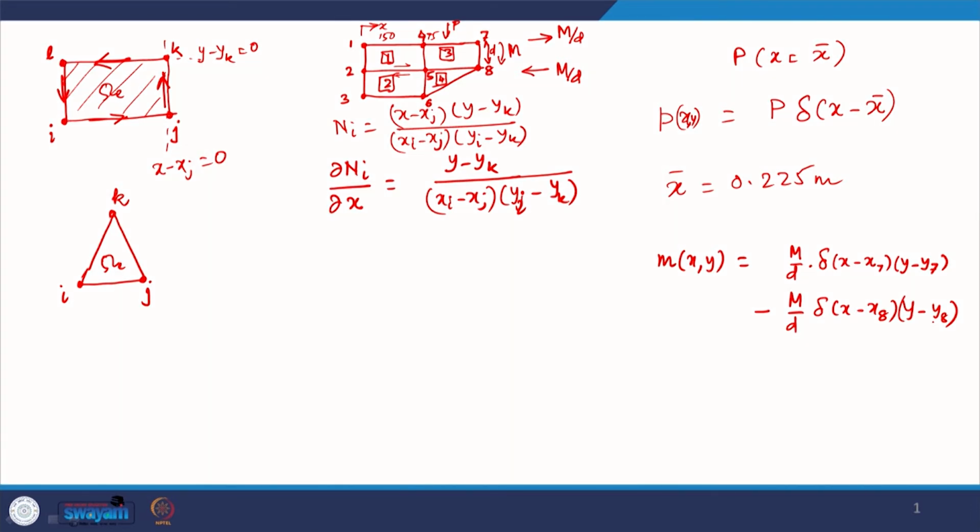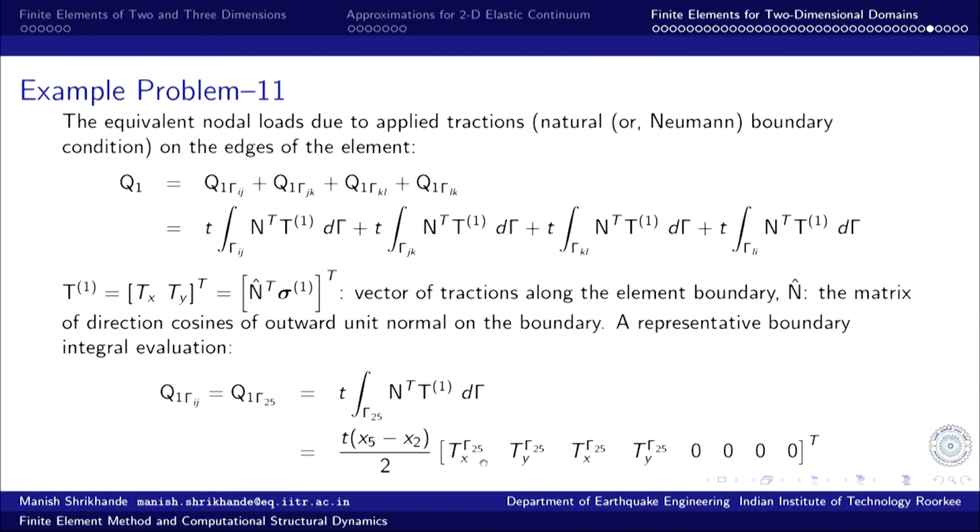So, once we have this traction along x along this particular edge 7 8, then this expression can be evaluated in exactly the same fashion as this. So, instead of traction we will have these Dirac delta functions, and then the one dimensional integrals can be evaluated.